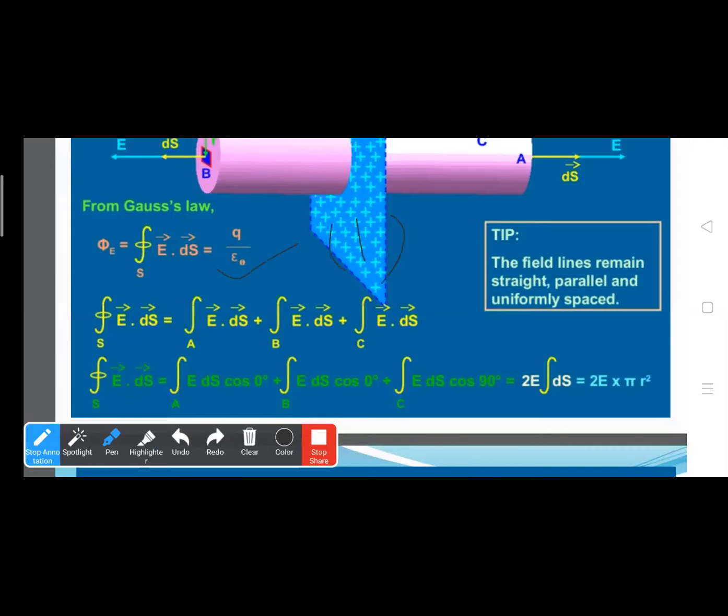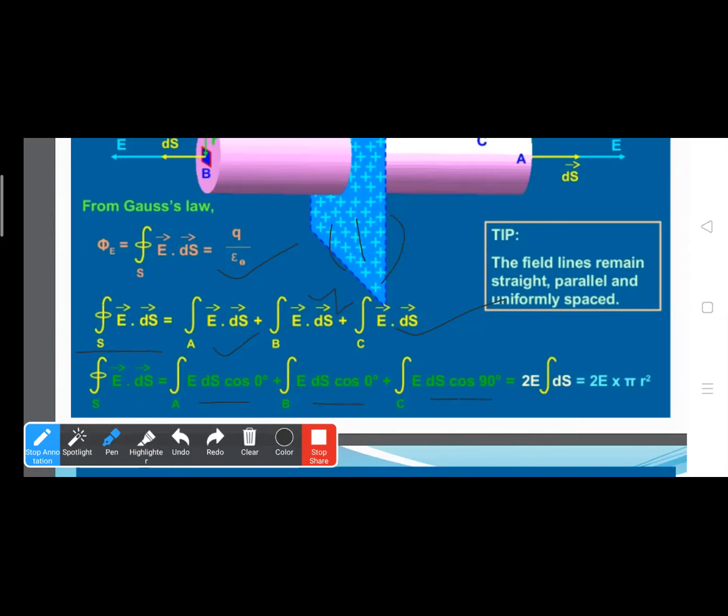So we have to find the total flux passing through this surface. E dot dS equals the flux passing through A, plus the flux passing through B, plus the flux passing through C. We have already proved that the flux passing through A and B is given by E into dS, and the flux passing through C is 0 because E and dS are perpendicular to each other; theta between E and dS is 90 degrees, so cos 90 is 0.